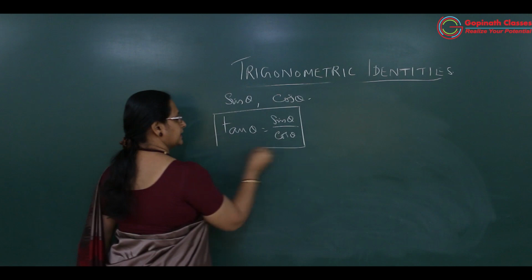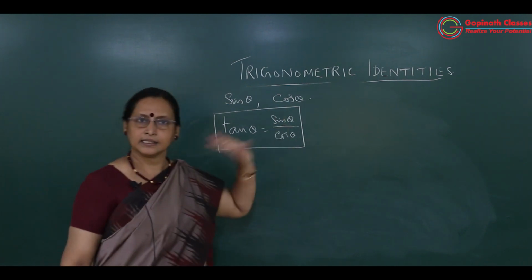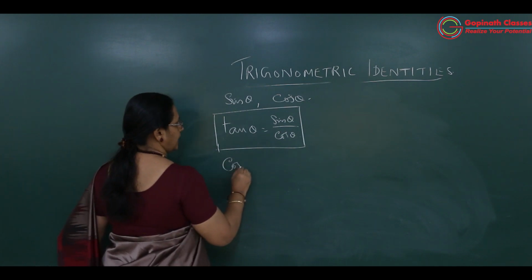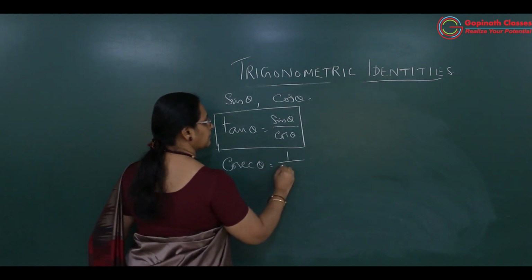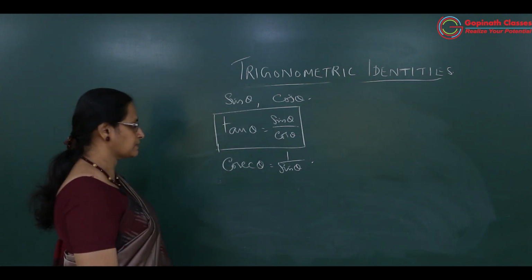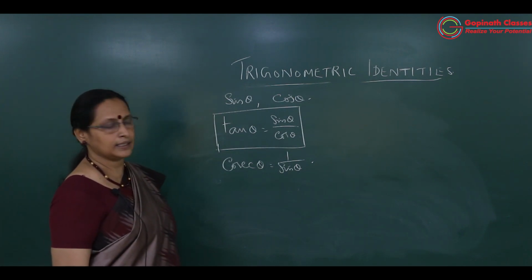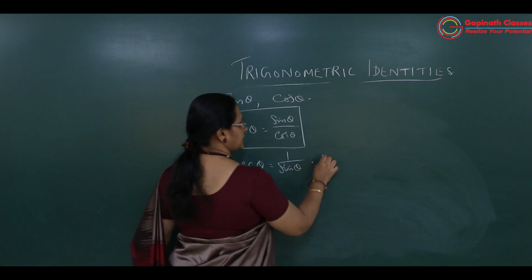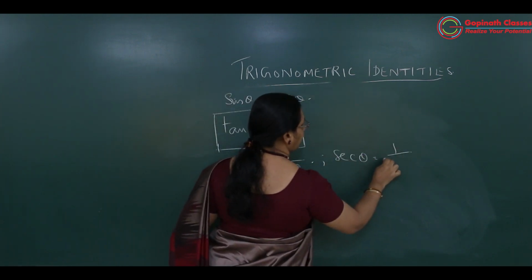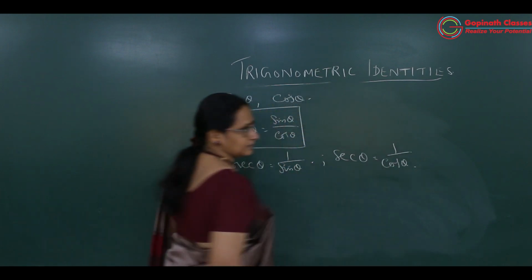So tan theta can be easily expressed as sine theta upon cos theta. Next comes cosec theta. You know cosec theta can be easily expressed as reciprocal of sine. So cosec theta is 1 upon sine theta. The same way sec theta can also be obtained as 1 upon cos theta.